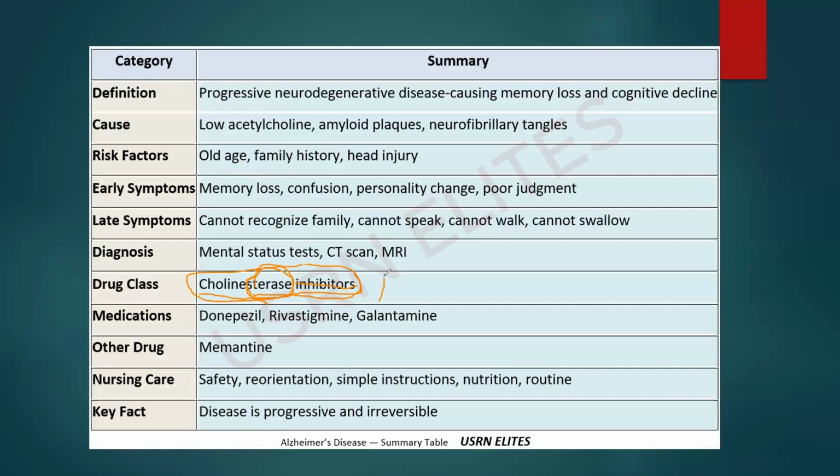So by doing so, what will be our levels of acetylcholine at the end, will it increase or decrease? It will increase. So it will end up increasing acetylcholine, which will counteract the effect of the cause. Because the cause is that you have acetylcholine becoming low.